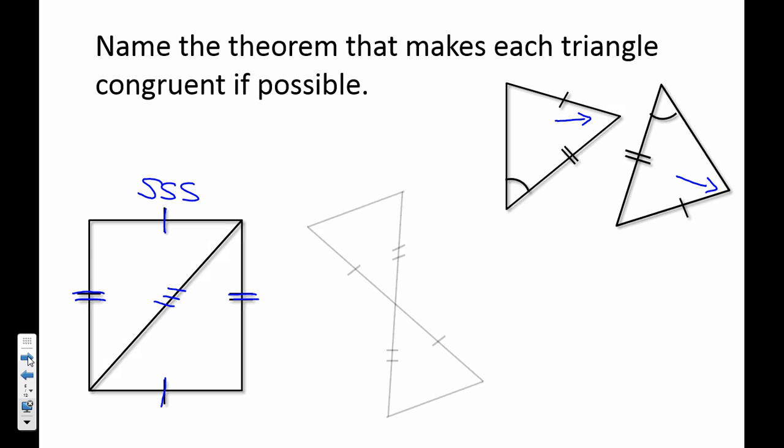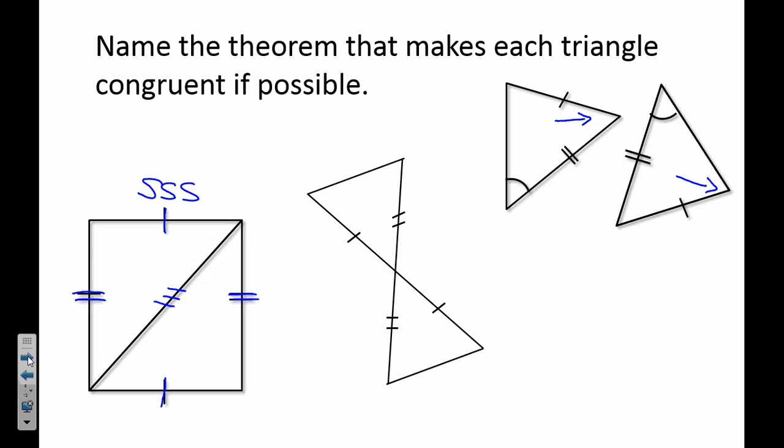Last example on this one. What about this? Very good. Vertical angles, right, are always going to be congruent. So by using that other theorem that we know about, we can make these two angles congruent.